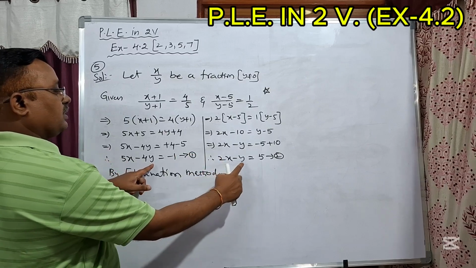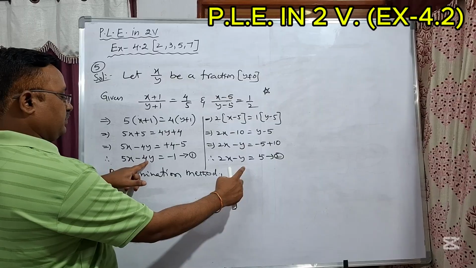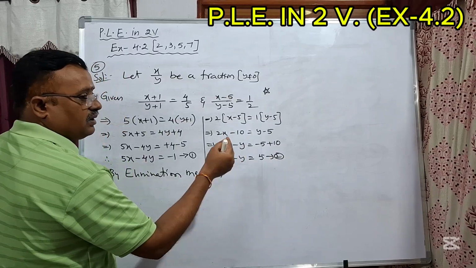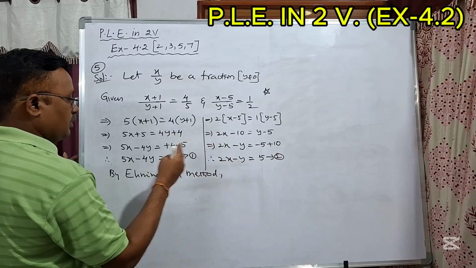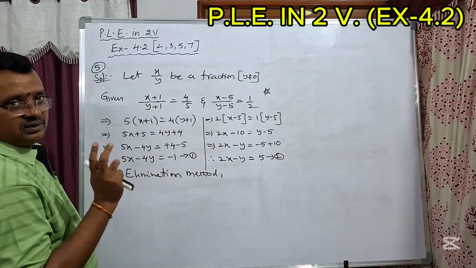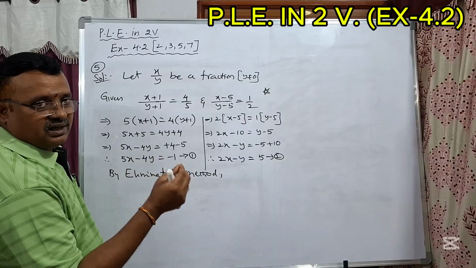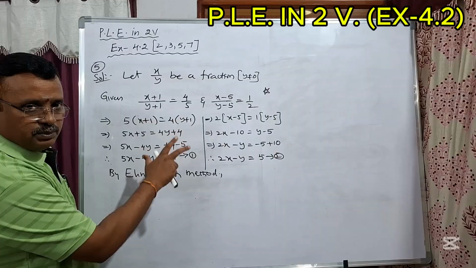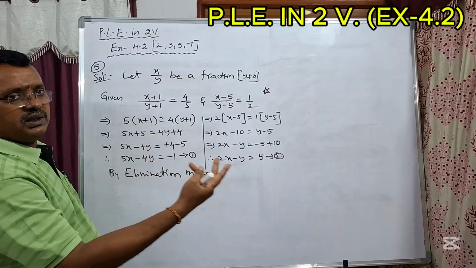Whereas to cancel y, here minus 4 is there, just this equation is enough by multiplying by 4 to make it equal to this. So the cancellation of variable y is simpler than x in this particular question, so I am going to apply that one.